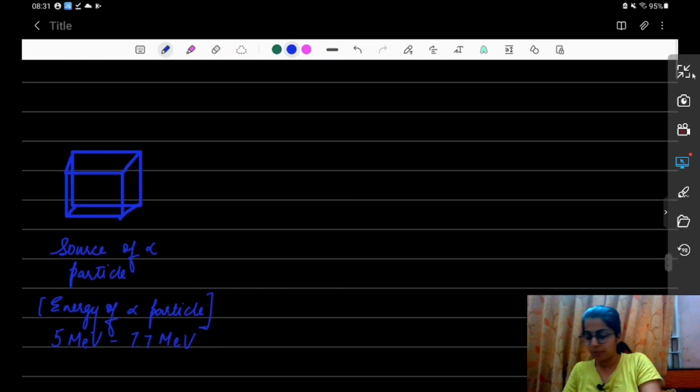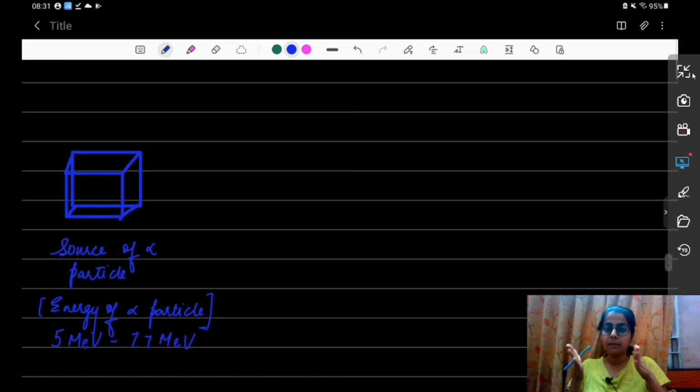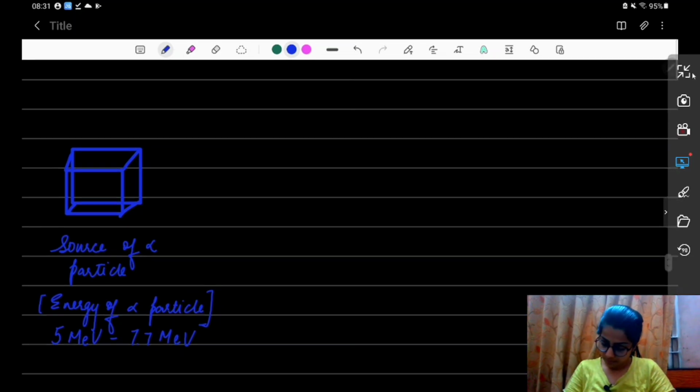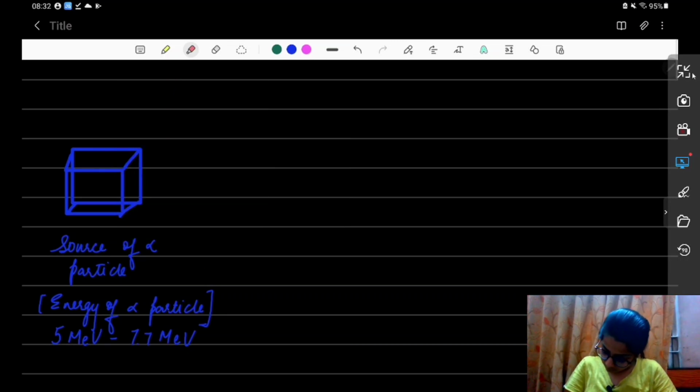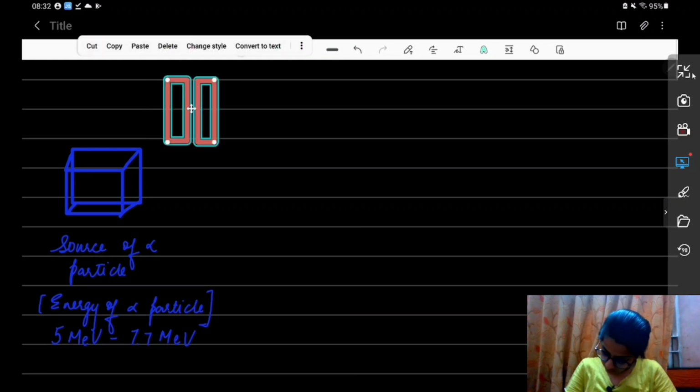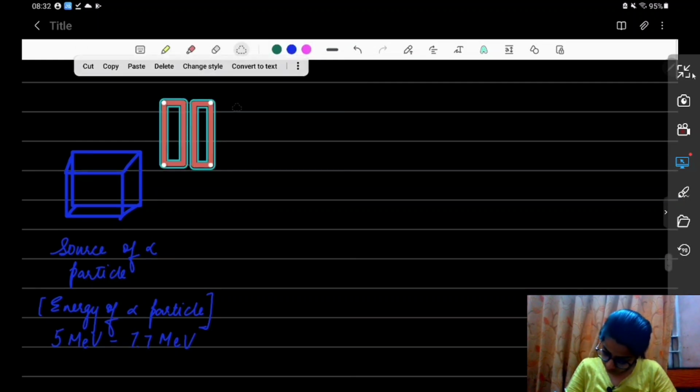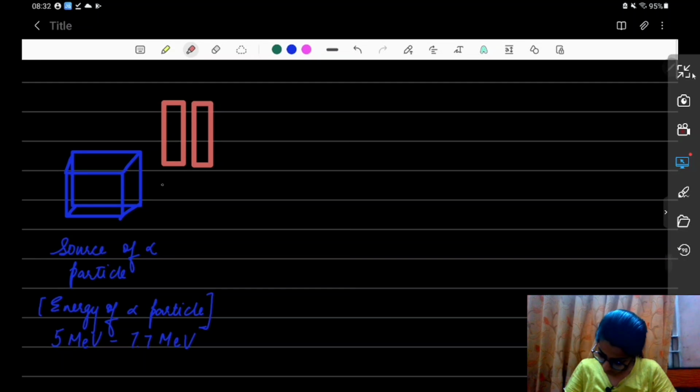Here we'll keep a foil, but to make them go in a particular path, lead bricks are kept like this.